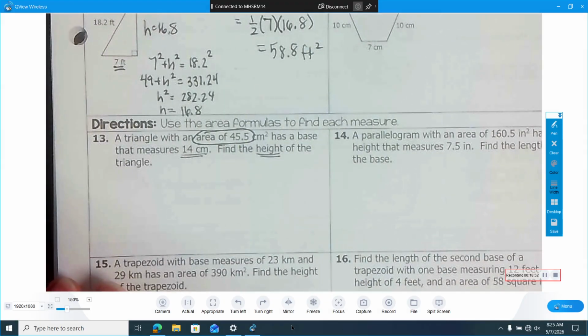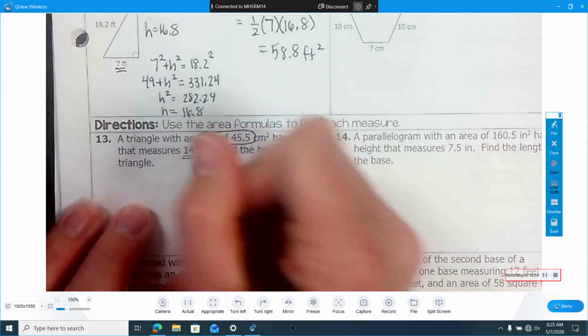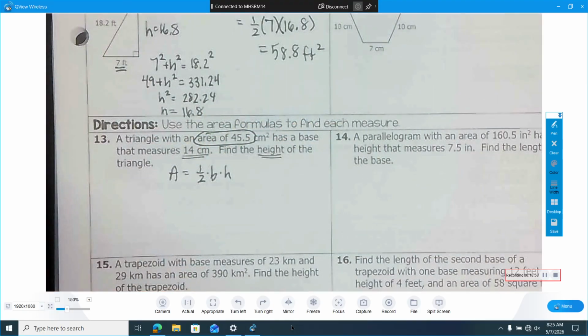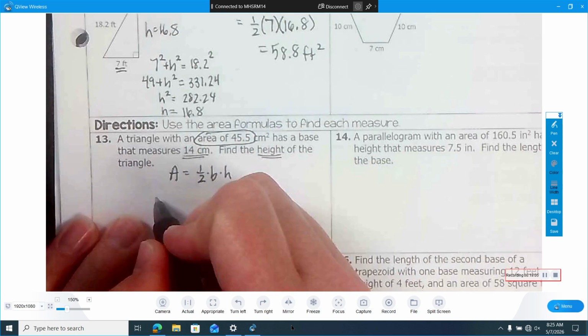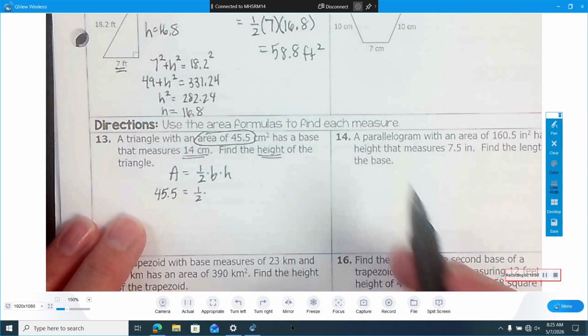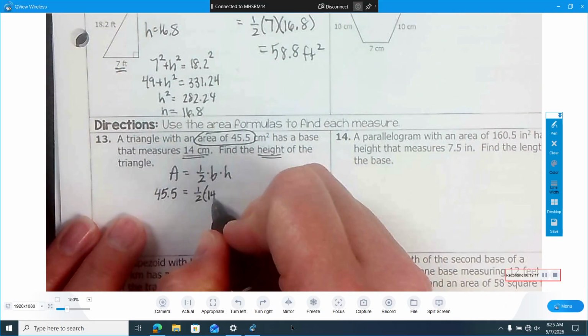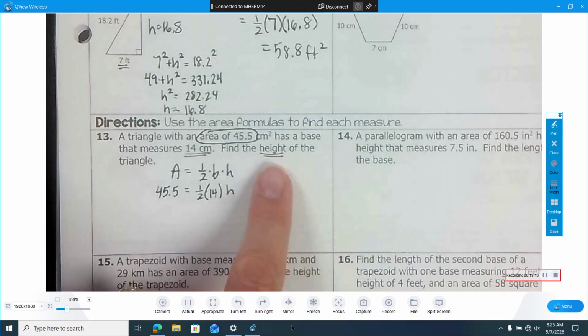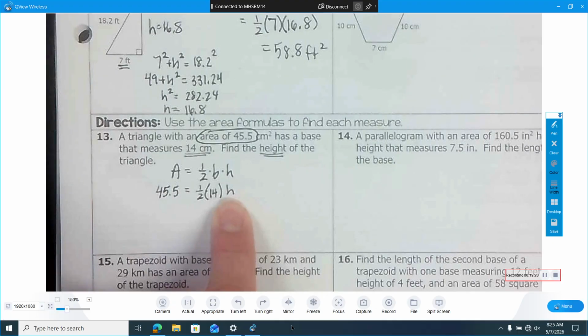What formula should I write down? 1/2 base times height. And what information do I know? So I can plug in my 45.5, and I also know the base measures 14, and they want me to find the height, and that's the only letter I have left, so we can use it to solve.